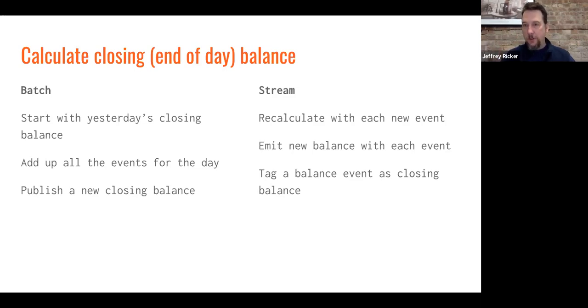We close the books on the quarter, we close the books on the year for taxing issues, et cetera. All we do instead of it being the result of a batch, we just arbitrarily pick one value in the output stream and tag it as the closing balance. And that value will be different a second before and a second after, because data is constantly arriving.